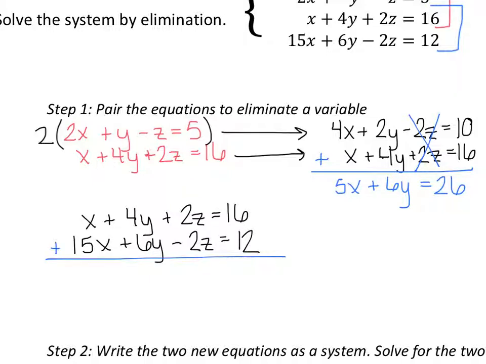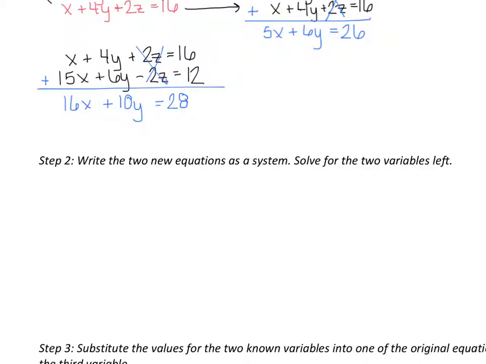So now the z's here are ready to cancel. We don't have to manipulate anything, so just go ahead and add them. 16x plus 10y equals 28. Very good. So we take those two equations that we got, my blue ones here, and we're going to write them together as a system and then do elimination again.